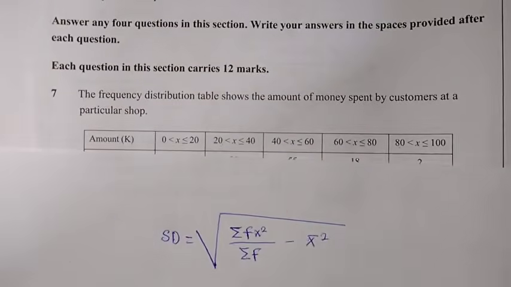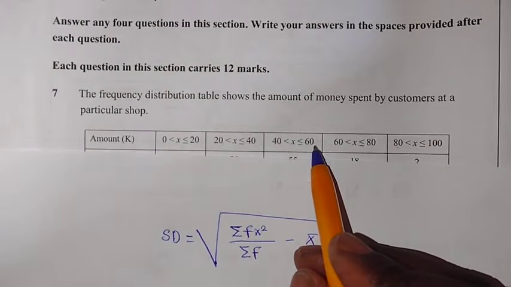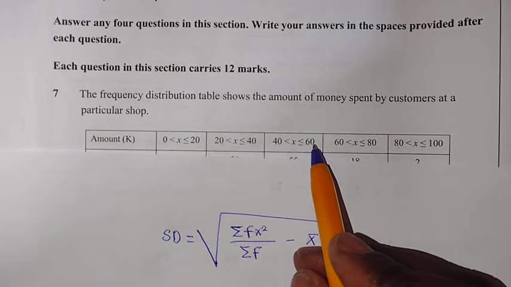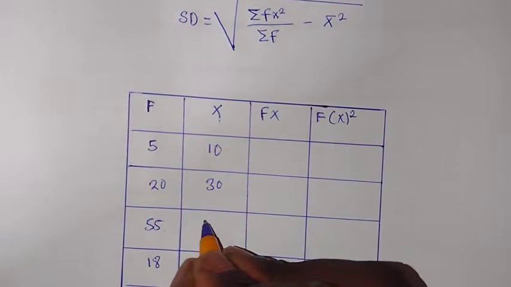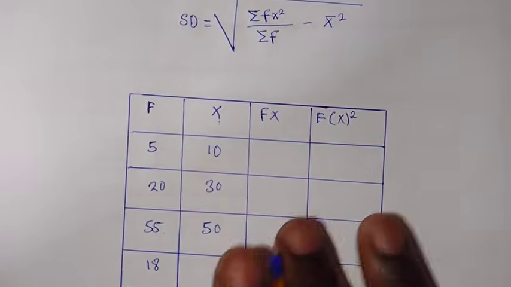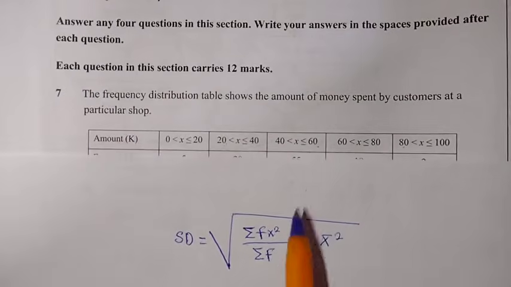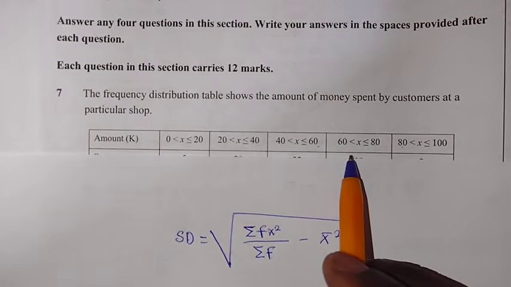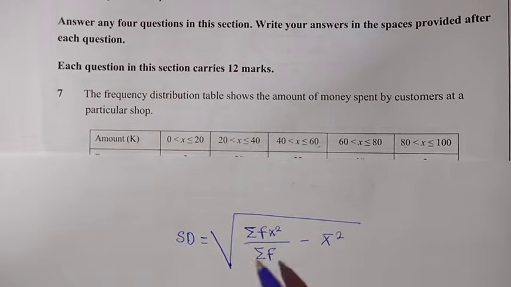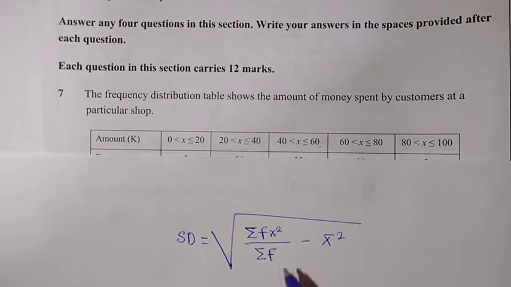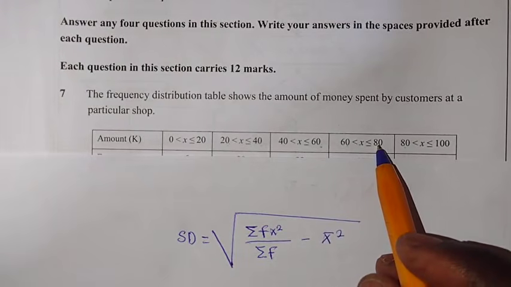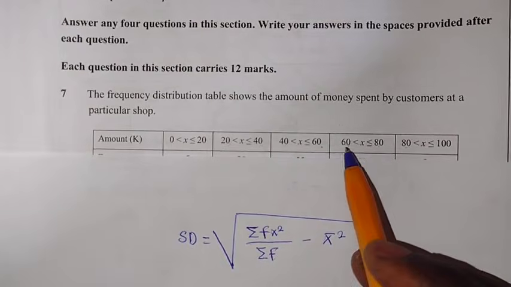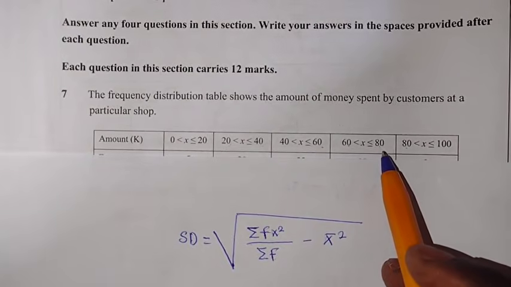Then here we have 40 plus 60, it's 100. 100 divided by 2, you get 50. So you write a 50 here. These values are very easy to find the midpoint of even if you are not using a calculator. But if you have values that are complicated, use a calculator so that you find those midpoints. Here, 60 plus 80 gives us 140.